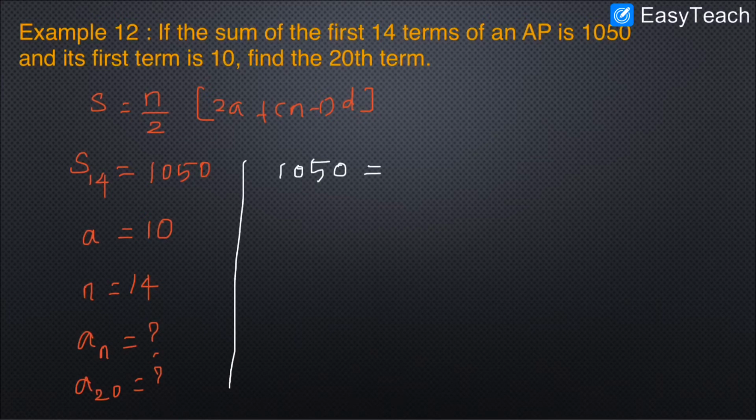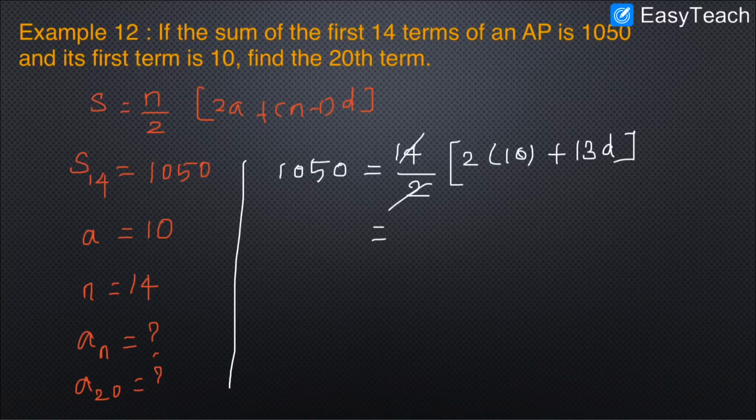I write the value: 14 divided by 2 into (2 into 10 plus (14 minus 1) d, that is 13d). Let's reduce it: 7 into (20 plus 13d) equals 1050.